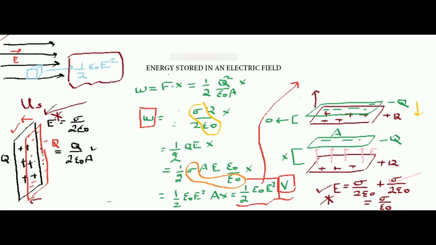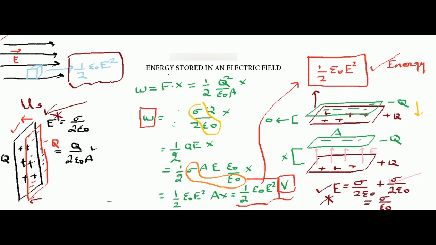The energy per unit volume can be written as half epsilon naught E square. So this is the energy stored in an electric field, which I have just proved. Agreed? So remember this, energy stored in an electric field per unit volume. That's why it is called energy density. It is called electric energy density. Agreed?